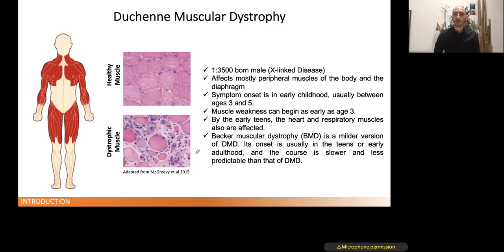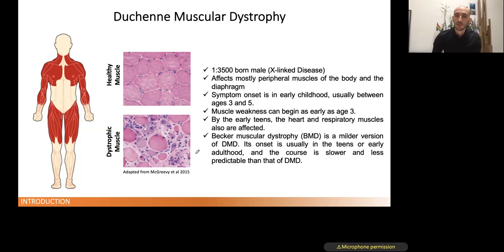It's a rare disease with symptom onset in early childhood. Unfortunately, the kids affected are wheelchair bound by their early teens, and their life expectancy is around 20 to 30 years.